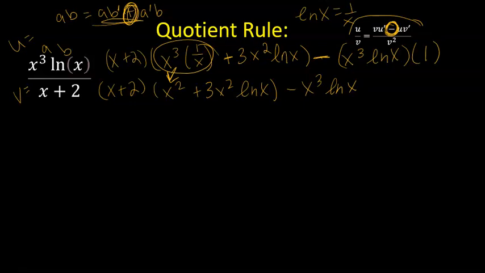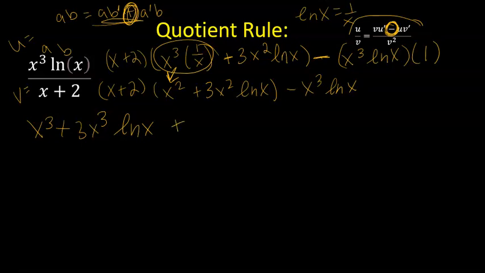Let's see, what else can we do? Okay, well, I think I'm going to take all of the same terms and put them together, right? So I'm going to end up with x to the third plus 3x to the third ln x, right?